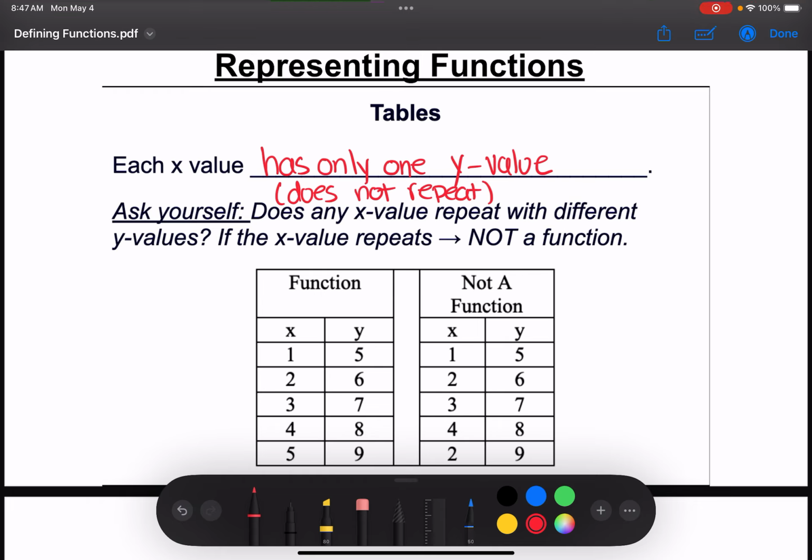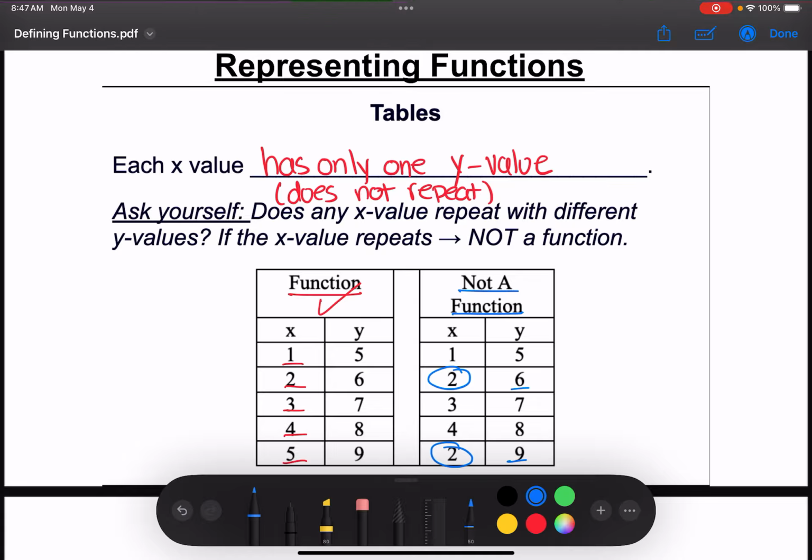So if we look at this table, the first table that says function, none of your x values repeat. That makes this a function. In the second table, the one that says not a function, we have two twice with different y values.